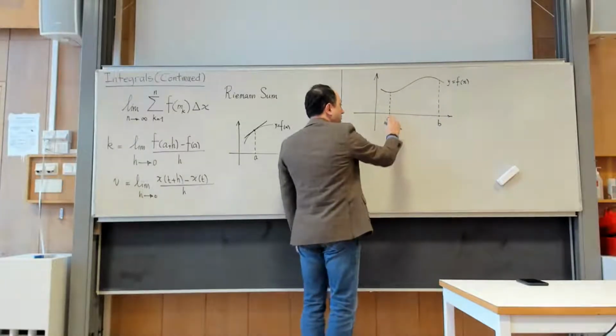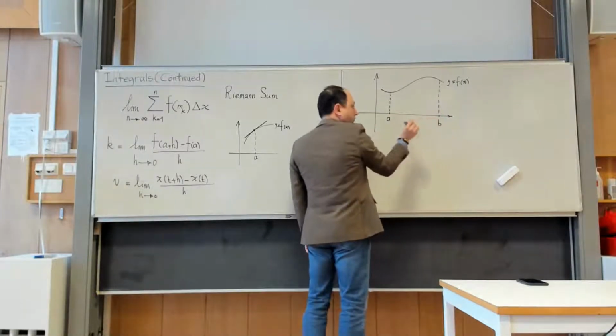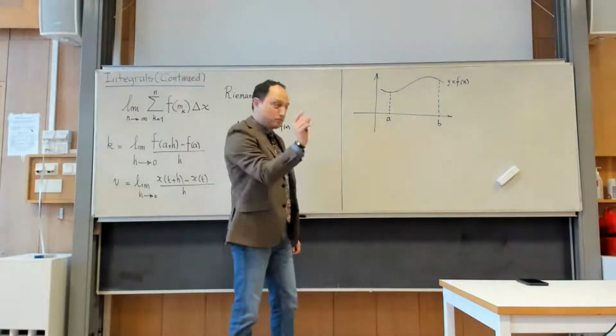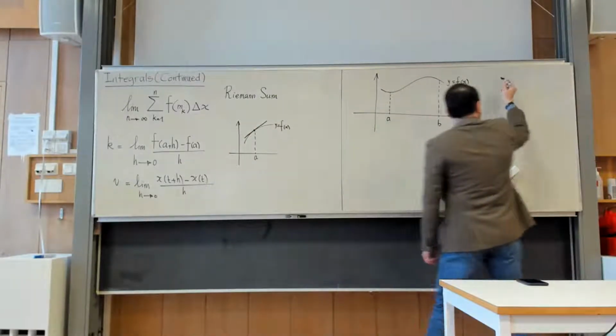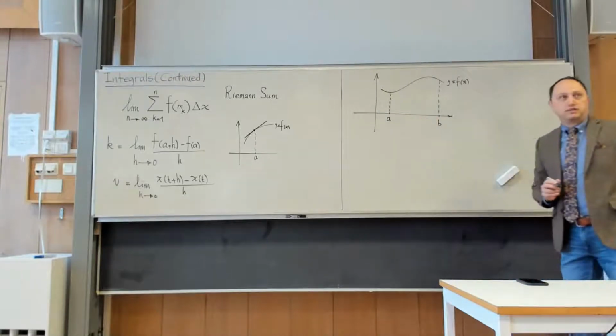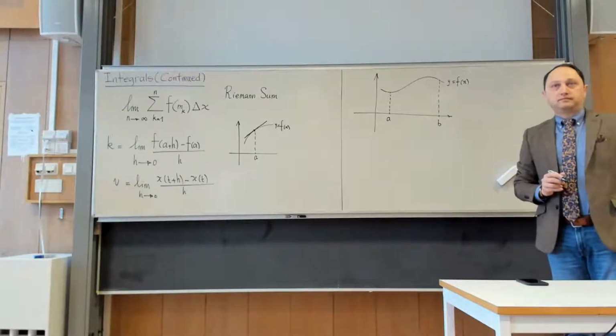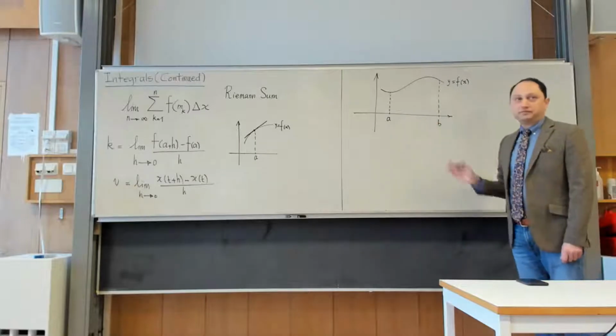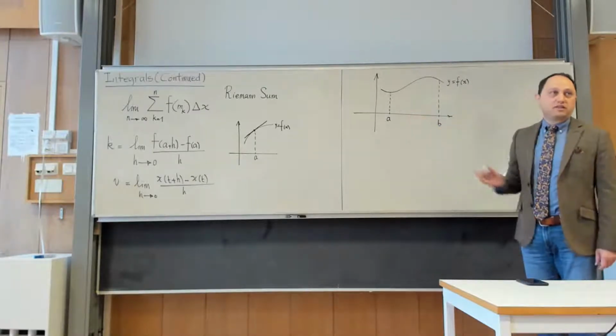And then we said that, okay, let us partition this interval into smaller intervals. For example, if I ask you what is the length of this interval? Here is A, here is B. What's the length?